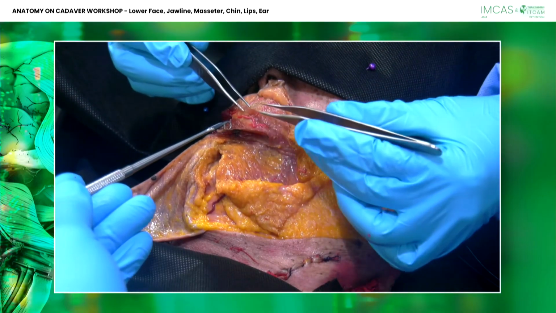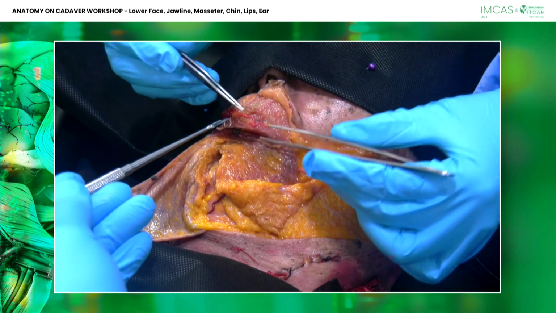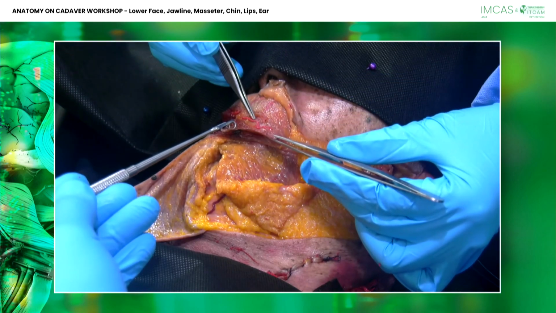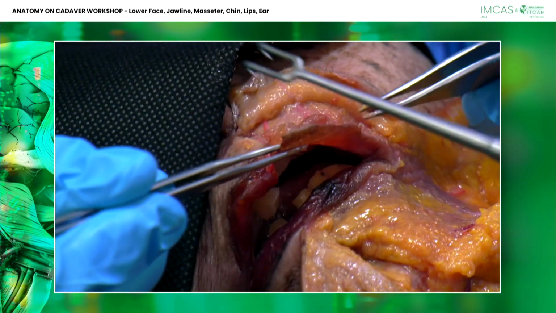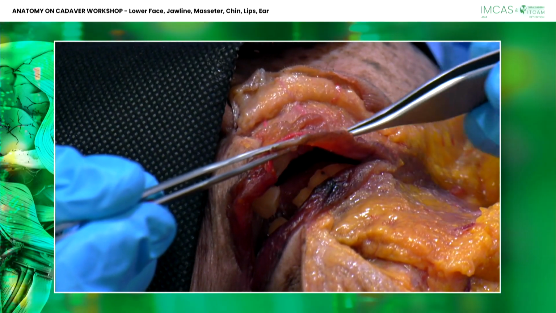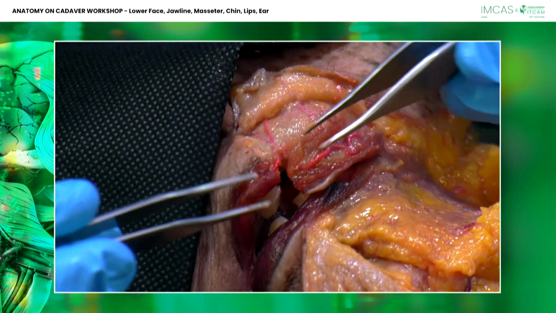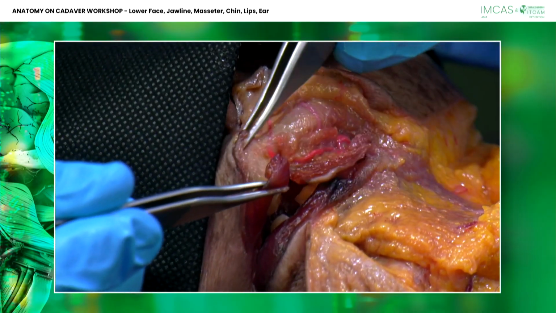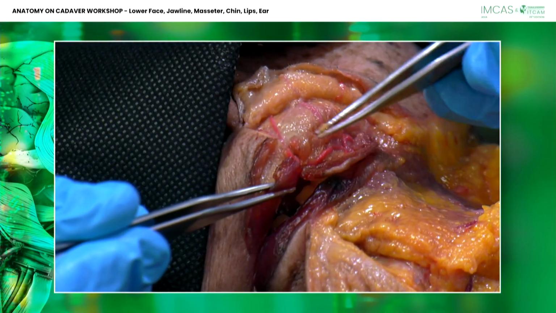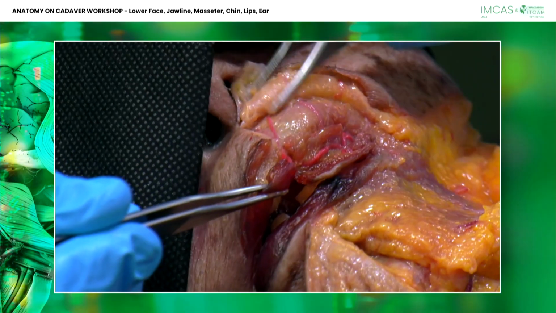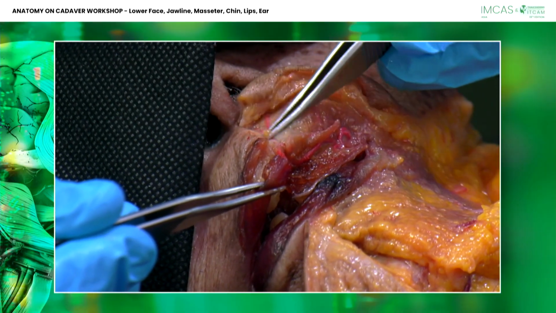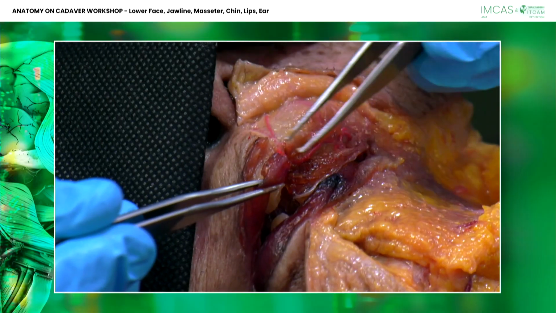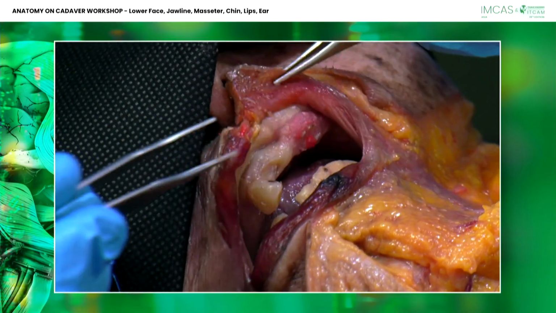Here, this is the superior labial artery, and you can see at the lateral part, it runs in the submucosal side, but close to the midline, the superior labial gives rise to the branch, the superficial branch of the columellar artery, and then we go to the nose later. So this is the lip area.